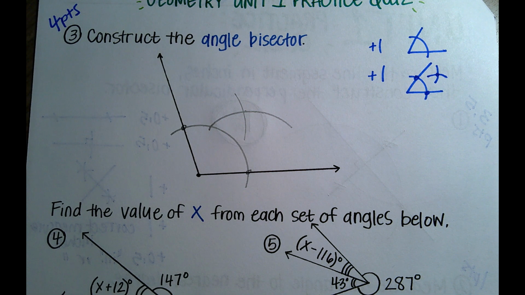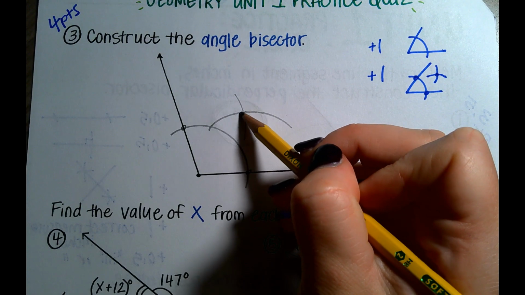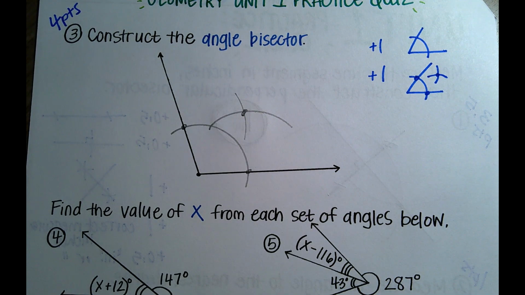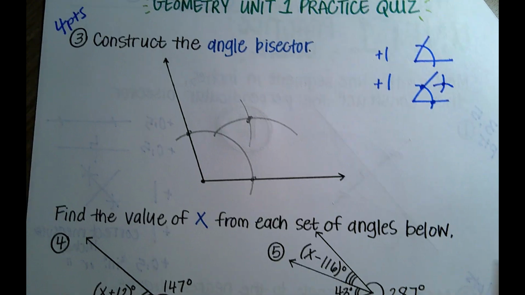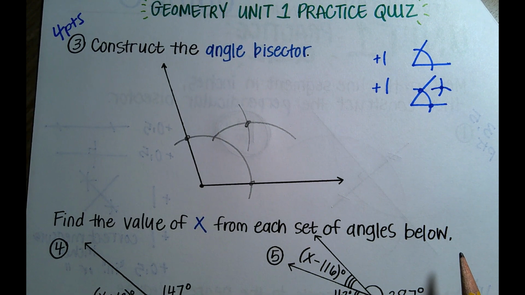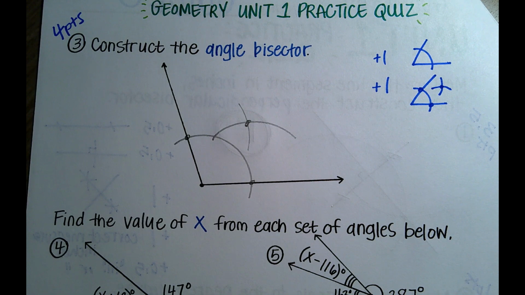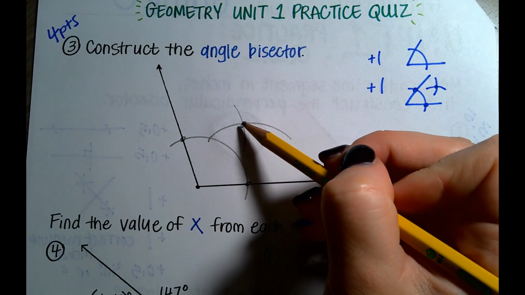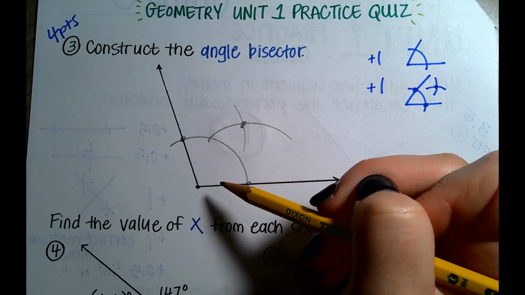So now I have a new intersection, and what do I do next? Yes, all we do now is connect that intersection in the middle to the vertex.